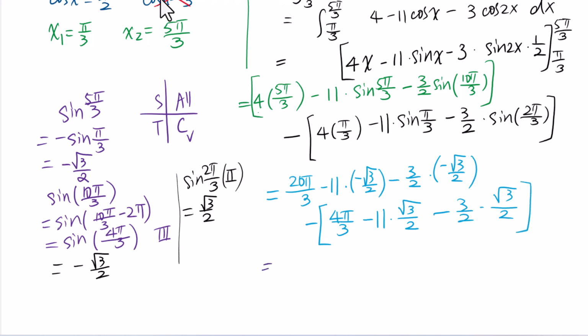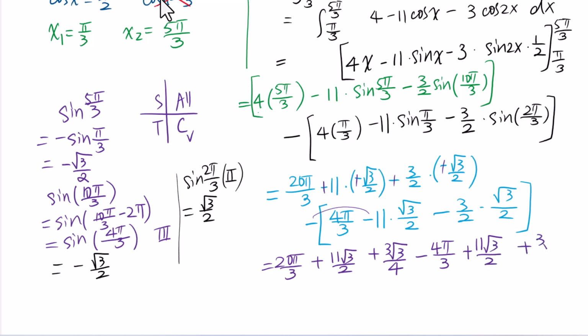Then we got 20 pi over 3, negative negative is positive, plus 11 square root of 3 over 2, plus 3 square root of 3 over 4, minus 4 pi over 3, and negative negative is positive, 11 square root of 3 over 2 plus 3 square root of 3 over 4.